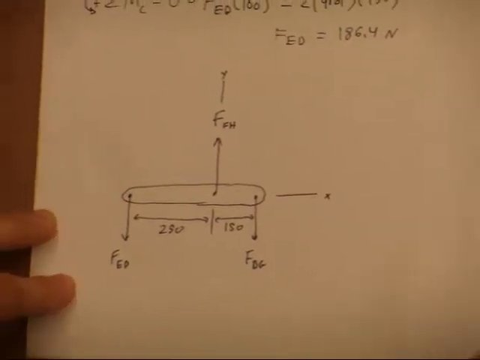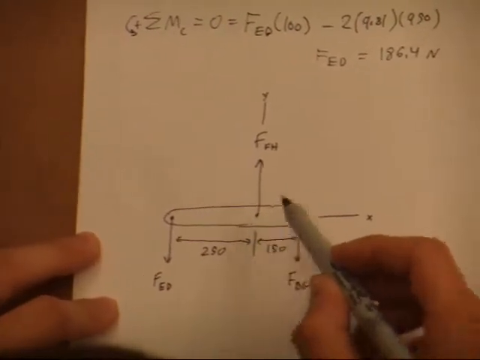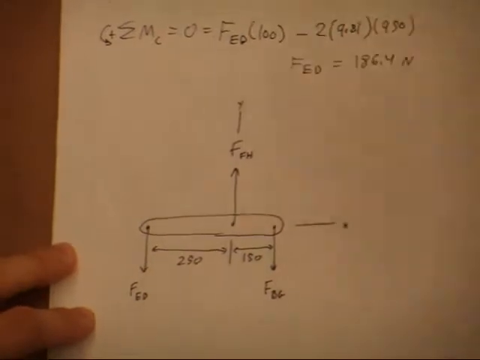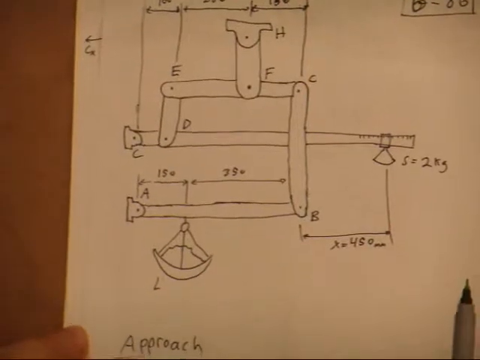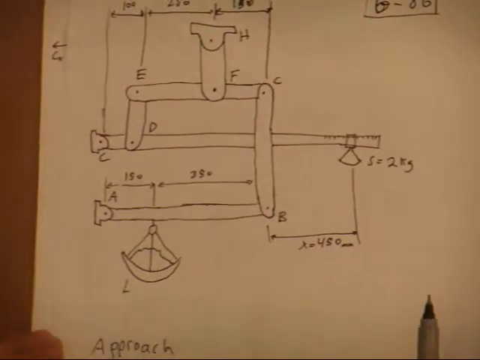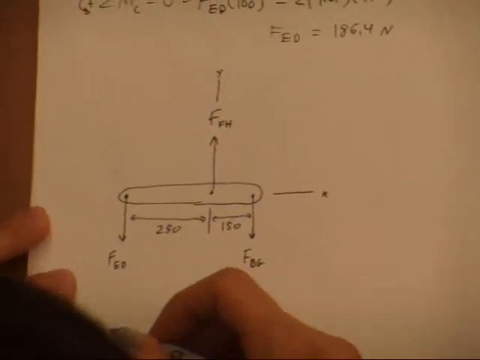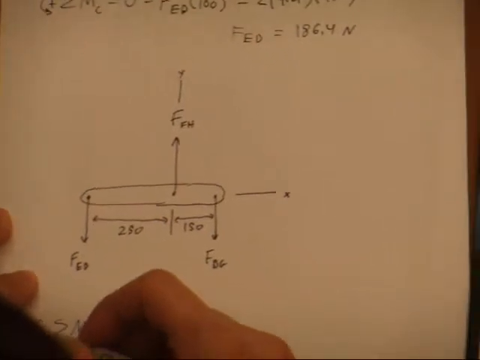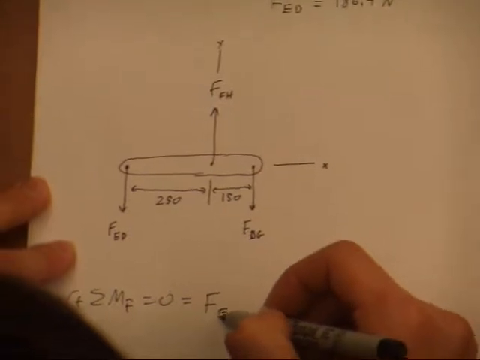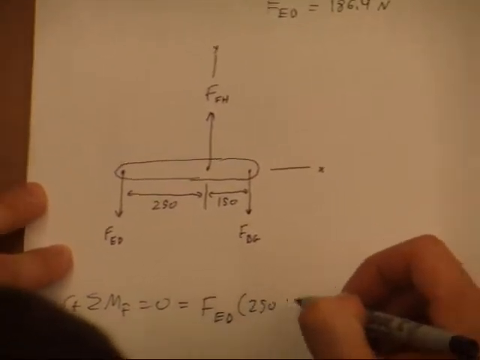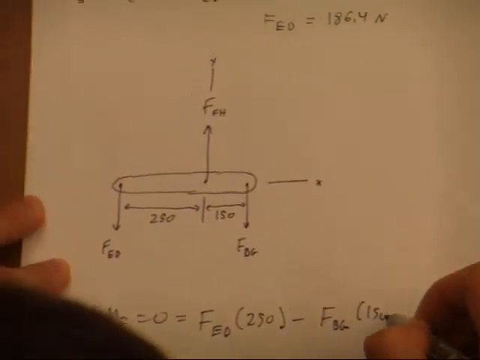and now we see that we have F_ED, so we can do a moment at this joint here to solve for the force in the member BG, and so that moment equation goes like F_ED, which we know, times 250 millimeters minus F_BG times 150 millimeters.